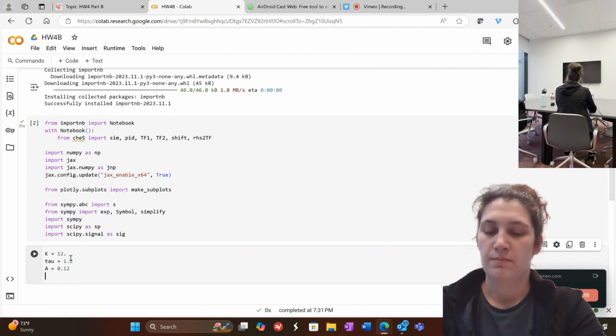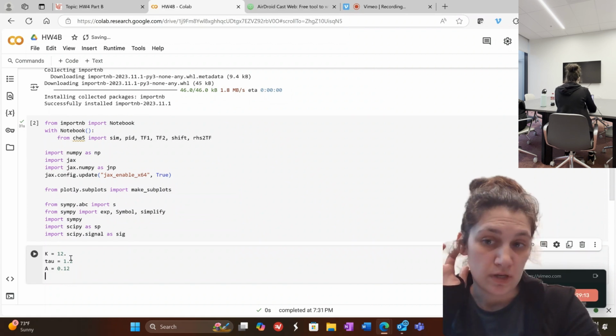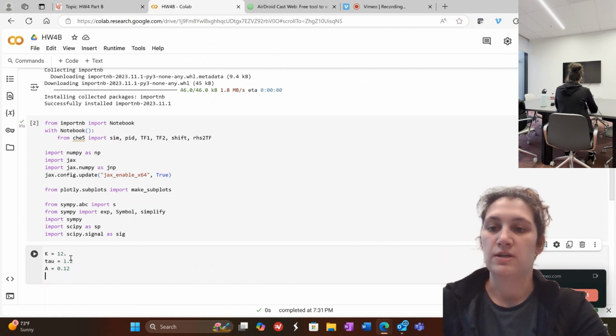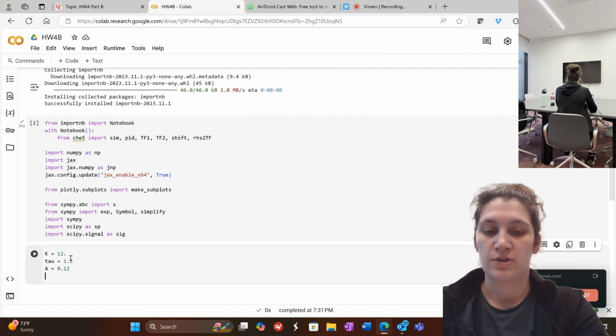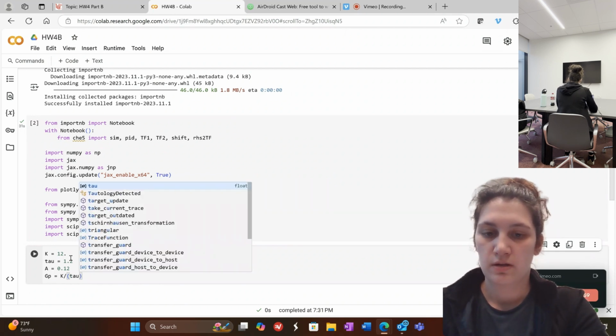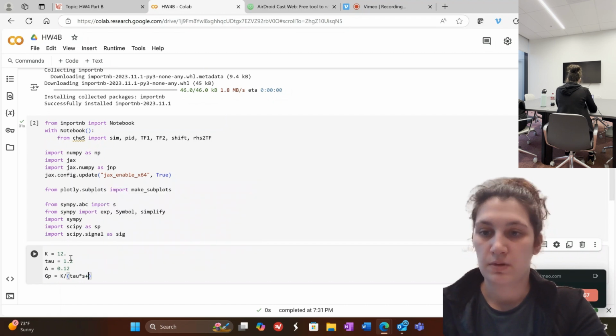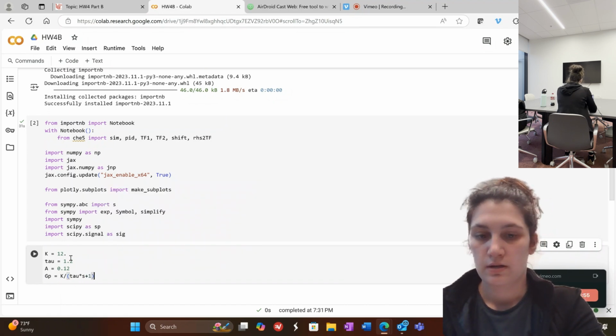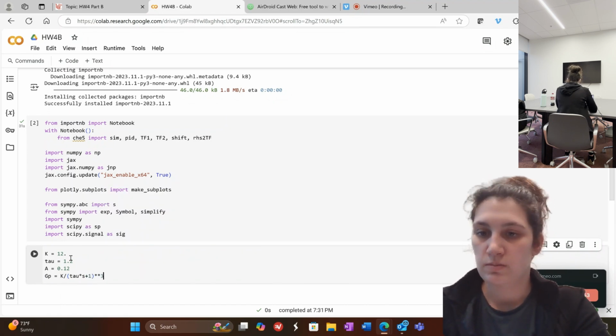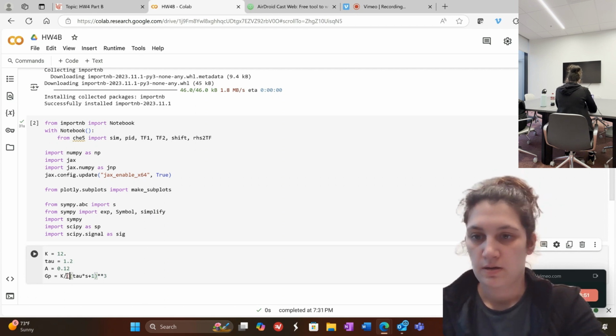Now from parts A and B, we know we also need GP and GC for this. And so our GP was k over tau times s plus 1, cubed. Put an extra set of parentheses in there.